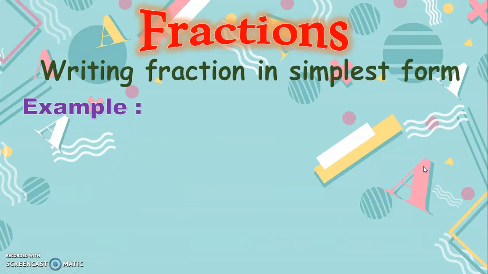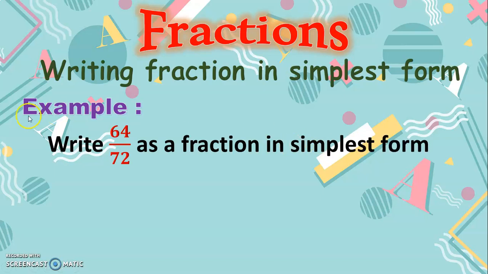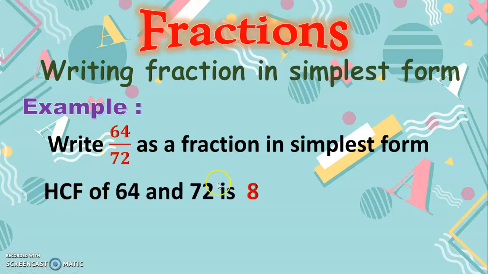Let us have another one. Write 64 over 72 as a fraction in simplest form. Again, in order to simplify, you need to get the highest common factor. To get it, you need to get the factors of 64 and 72. The highest common factor of 64 and 72 is 8.